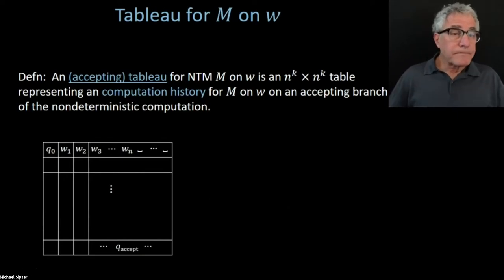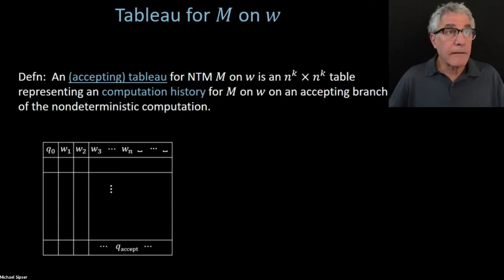Okay, so first of all, let me describe what my computation histories are going to look like. The situation is a little bit different than what we had before, because when we were talking about the post-correspondence problem, we had a deterministic machine, and now our machine is non-deterministic.